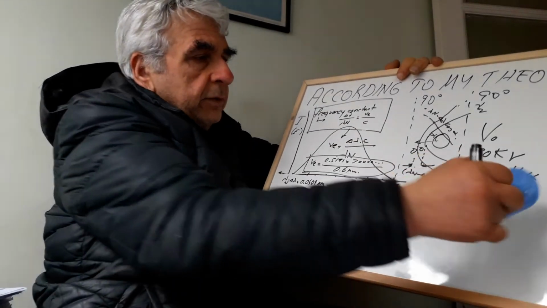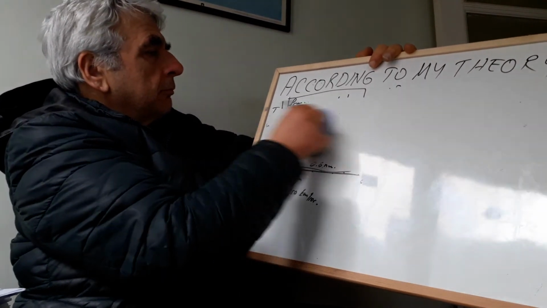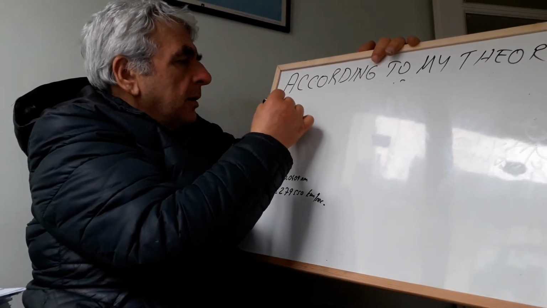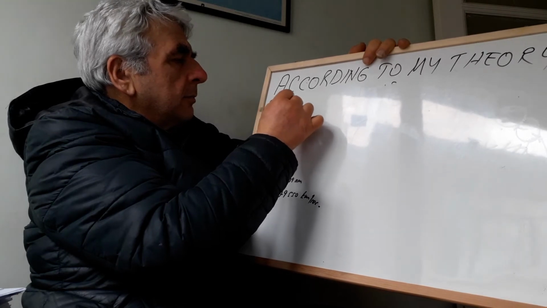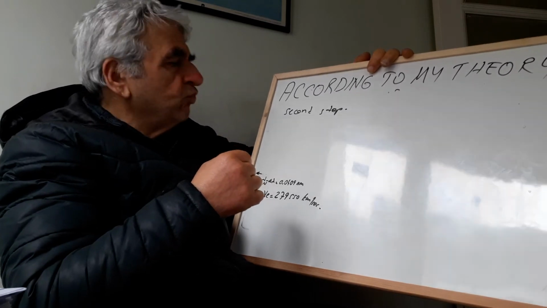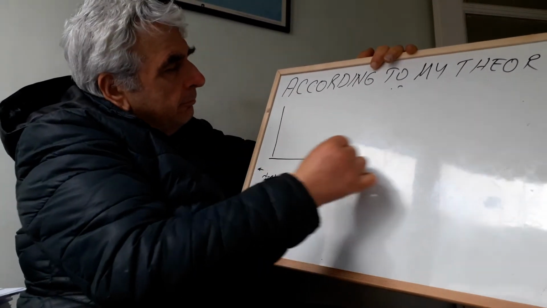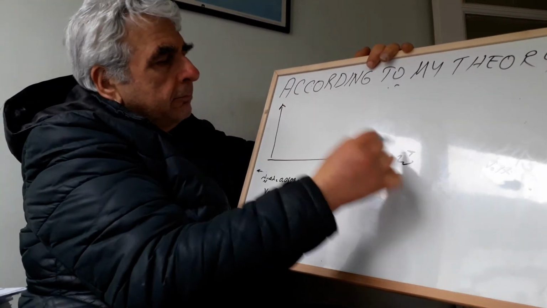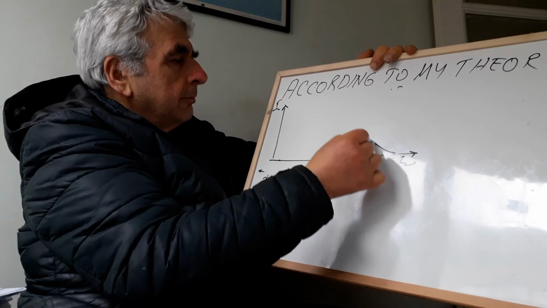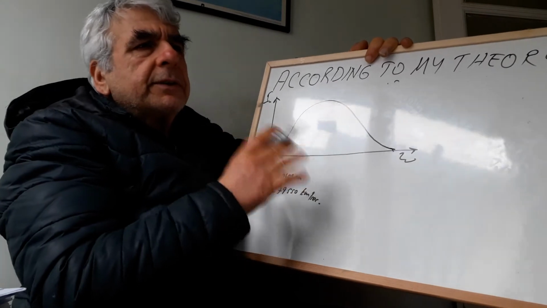Yes, now this was the first step. Second step for our experiment, okay? This graph from now on is a representative graph.